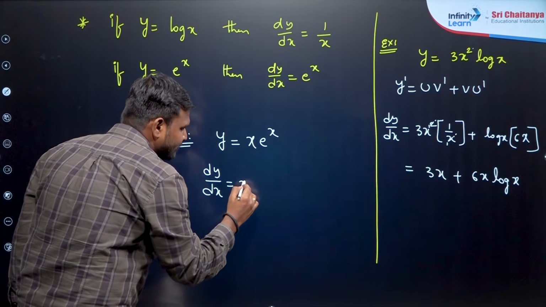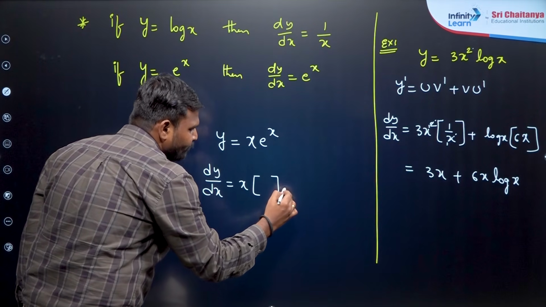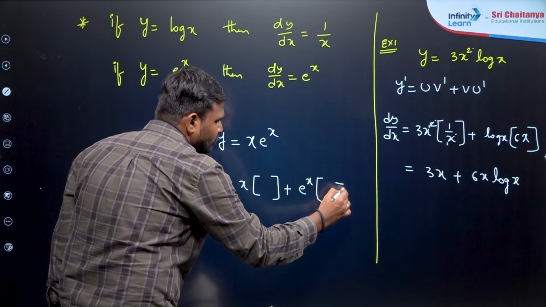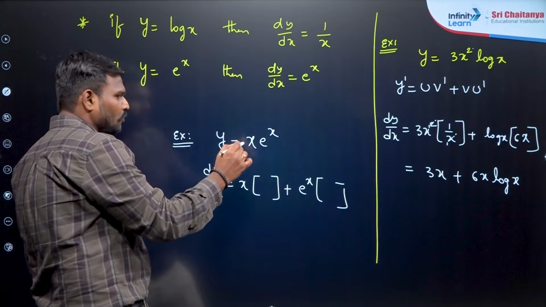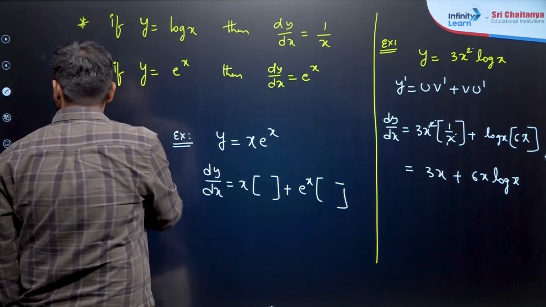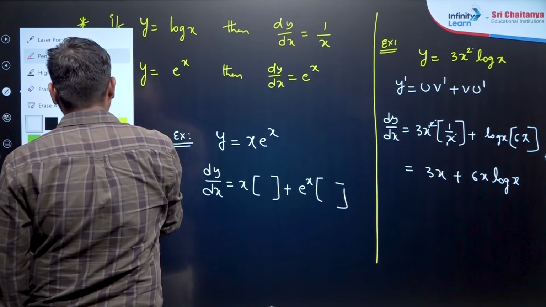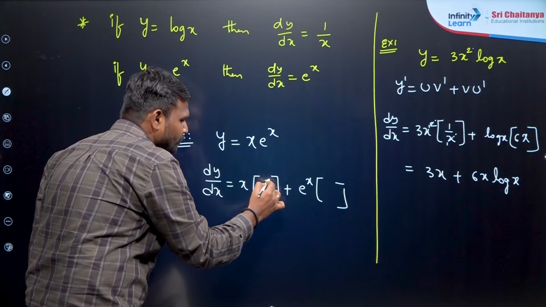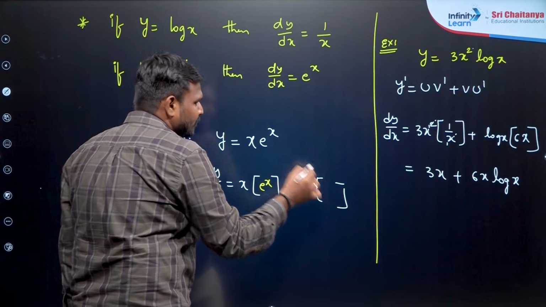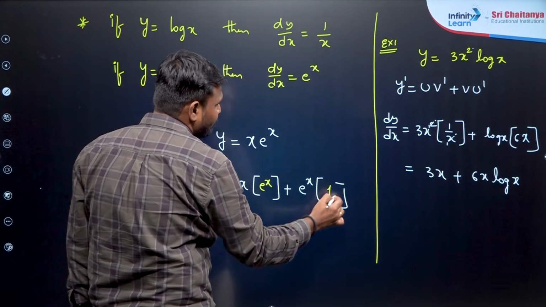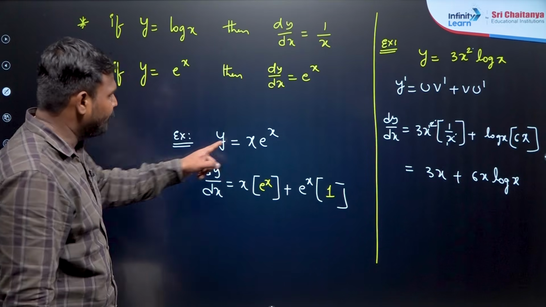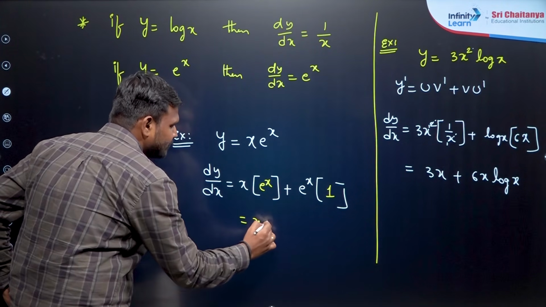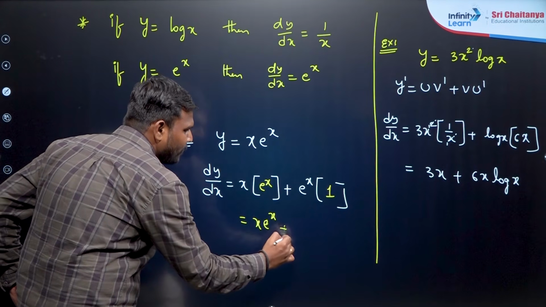Keep the first function as it is, differentiate the second one, plus keep the second function as it is, differentiate the first one. So what is the derivative of e power x? It is e power x, plus the derivative of x. What is the derivative of x? Multiply the power, subtract 1 from the power. The derivative of x would be 1. So the answer for this question would be x e power x plus e power x.